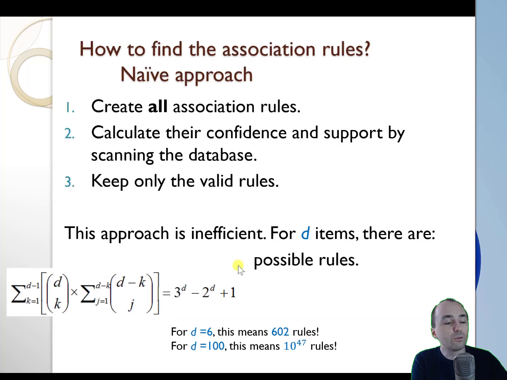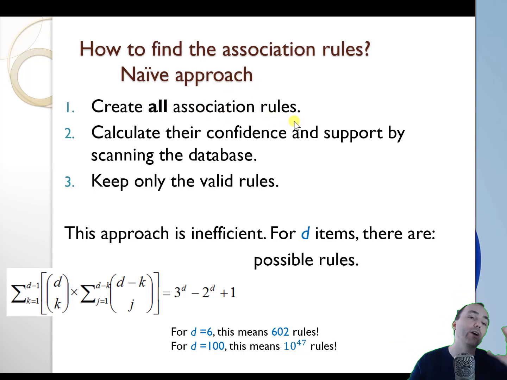So if we want to find the association rules, how can we do this? I want to talk about this with you, and first I will show you a simple approach, and then I will explain the better approach. So the simple approach, what we call the naive approach, is to create all the association rules.